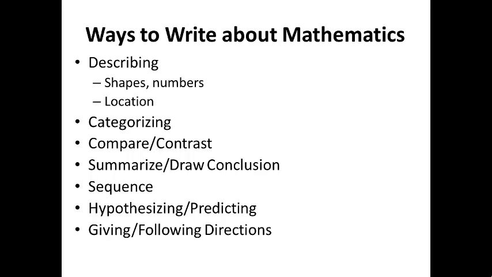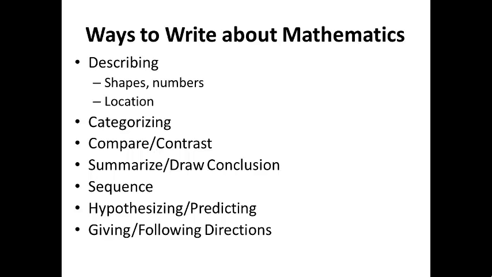Those are 2 very basic steps, but I'm going to encourage you to think more globally about writing in math class that maybe will take some of the barriers away that some students feel. And the first thing is just to have students describe what they see. It can be a term. It can be something like a triangle has 3 sides, 3 vertices, and no curves.